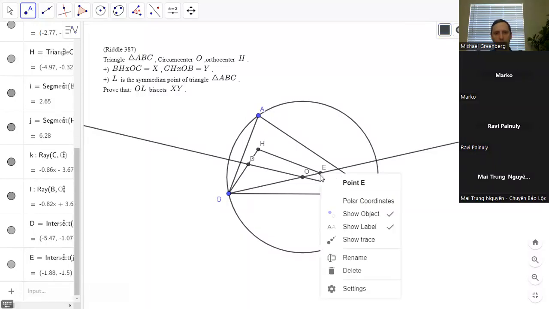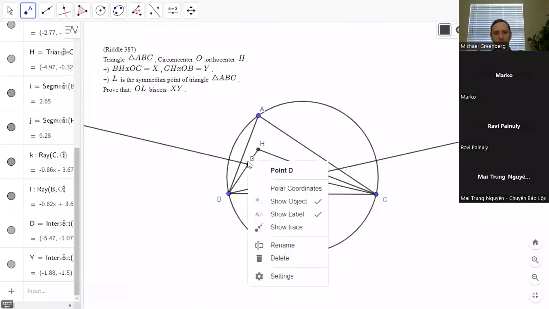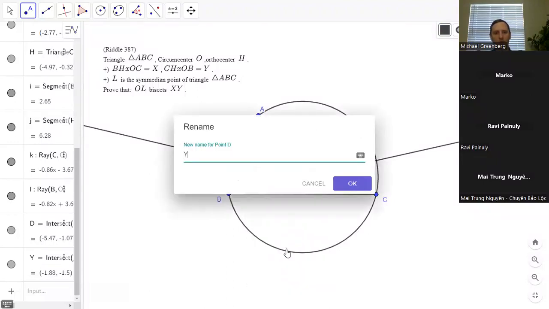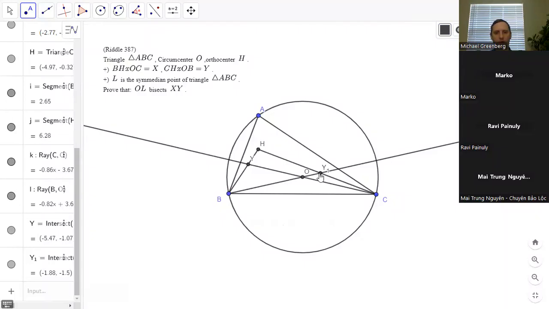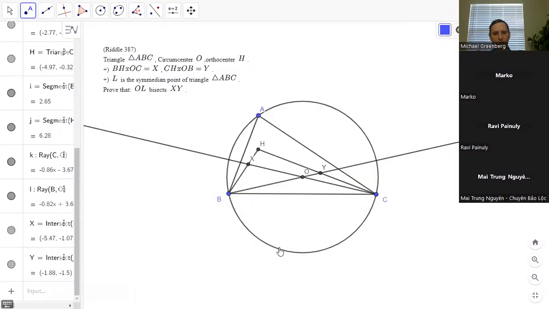So we have X and Y. And L, sorry, this should be X. I'm going to draw the feet of the altitudes because I think it'll help.